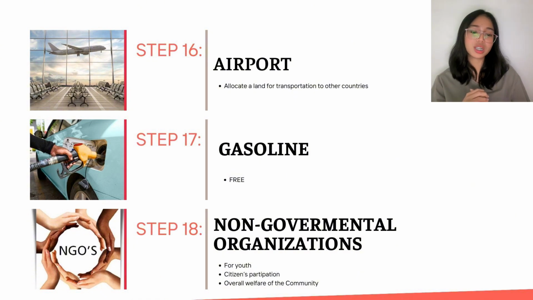So let's make sure that our gasoline is free, so we would not experience any inflation. And step 18 is let's allow youth or our citizens to get involved in non-governmental organizations or NGOs, so that the overall welfare of the community will be assured or secured.